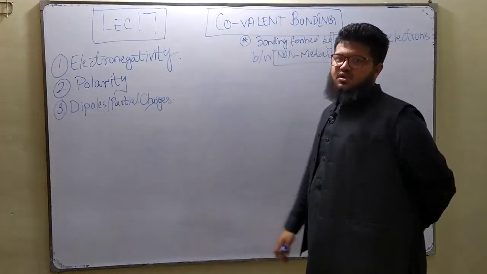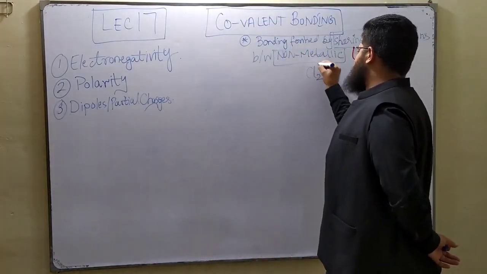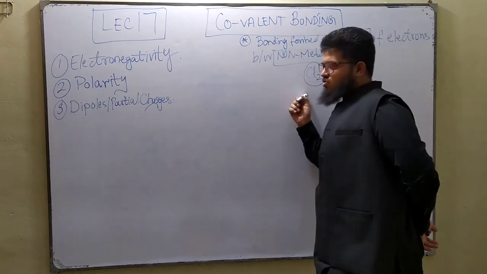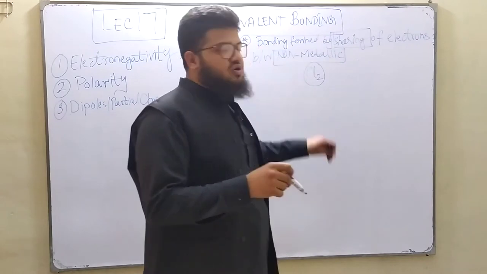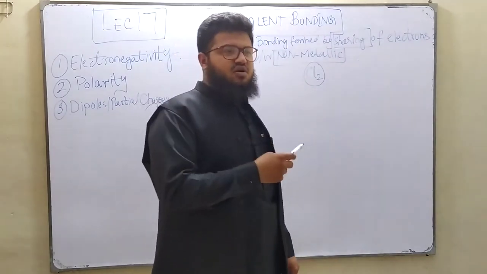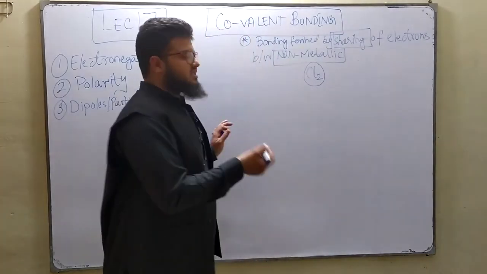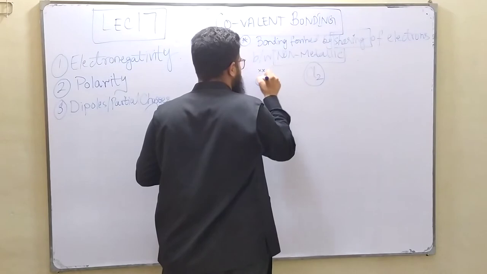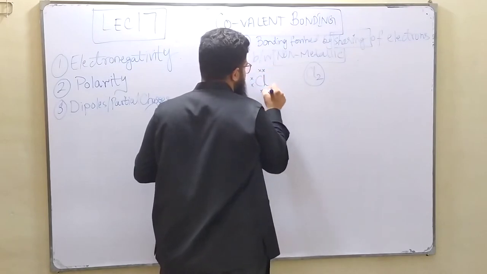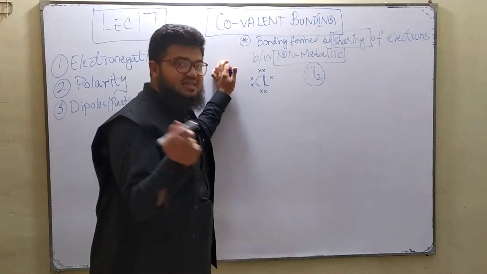Now for example, if you have to form a covalent bond, and this is for example your molecule chlorine, Cl2. Chlorine is in group 7, and this chlorine molecule, how are we going to form it? If chlorine exists in the form of an atom Cl, then its outermost shell would have how many electrons? Since it's in group 7 or group 17, it has only 7 electrons.